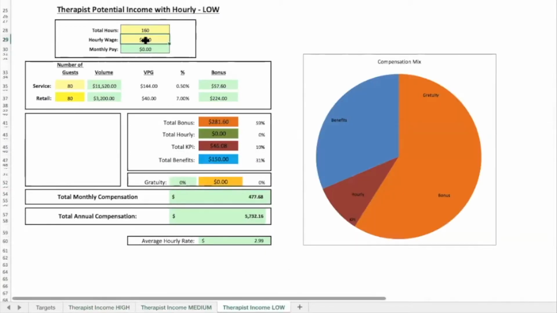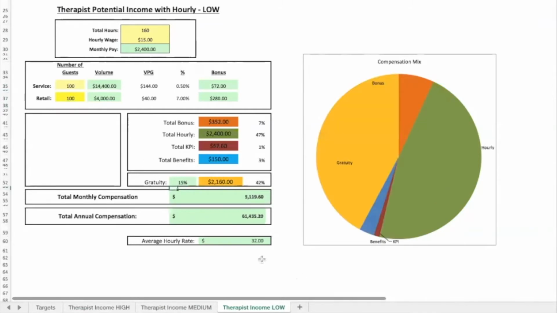And on the low, again, using the same numbers, and 15% for gratuity, they're going to make $32 an hour. That's with the gratuity, right? So in working with us, you have the opportunity to make between $32 an hour on the low end.